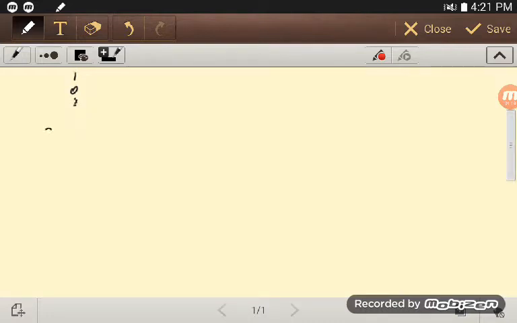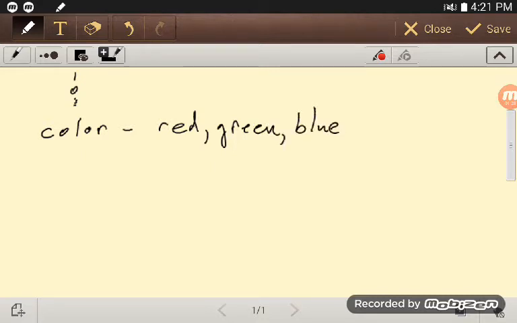But let's say you had something like color, and that color could be red, green, and we'll just go with blue, just 3 colors. Well, if somebody said, let's turn that into a numerical variable, what you might do is something like 0, 1, 2.